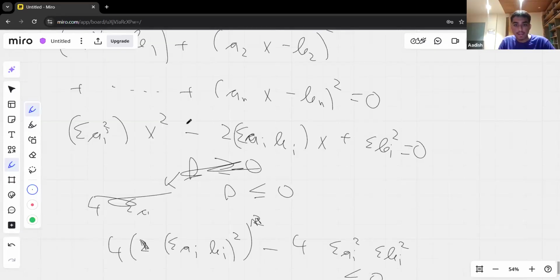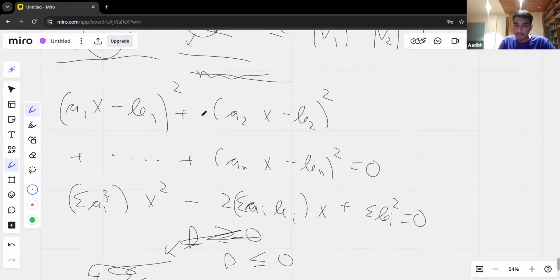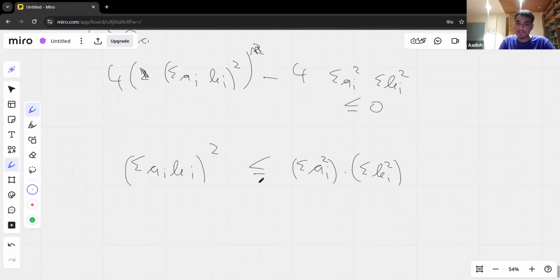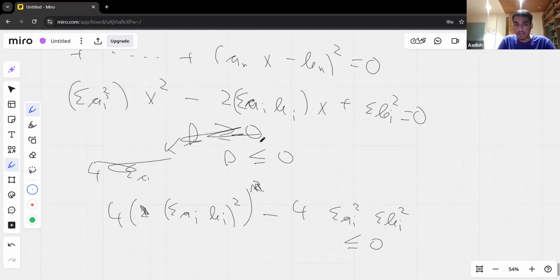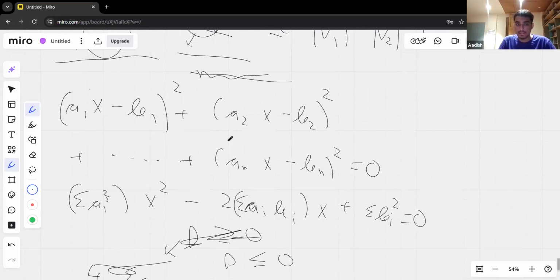In fact, I'll also say once again, when does equality hold? Well, when the discriminant is 0, right? And the discriminant is 0 when this equation has a root, right? For this equation to have a root, all these squares have to be 0 together, right?